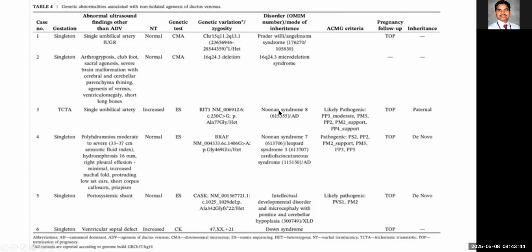BRAF is Noonan, RIT1 is Noonan. And this is Down syndrome. Paternal. See this? Inheritance is paternal, it seems. So the father also had Noonan syndrome.